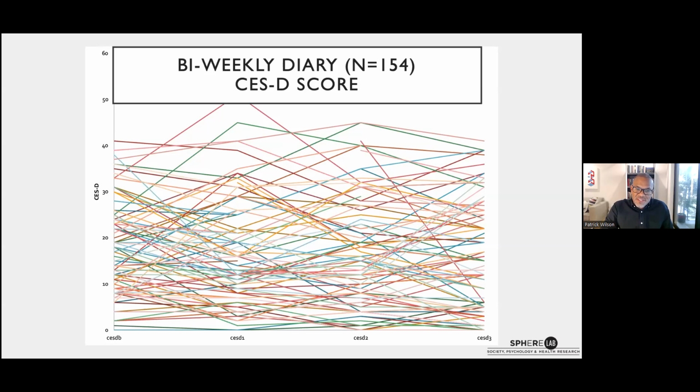And this graph shows that. So this was a 2-month diary in which we did assessments every other week for depression. And the CESD measure was asking essentially, how have you felt in the past 14 days? So we were asking people to retrospect 14 days.